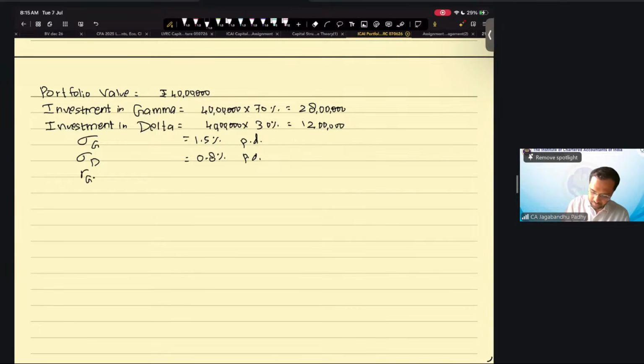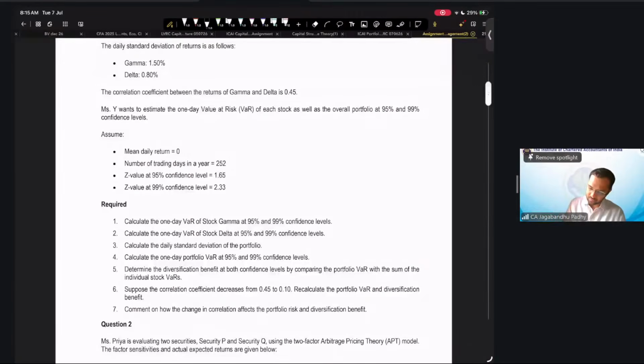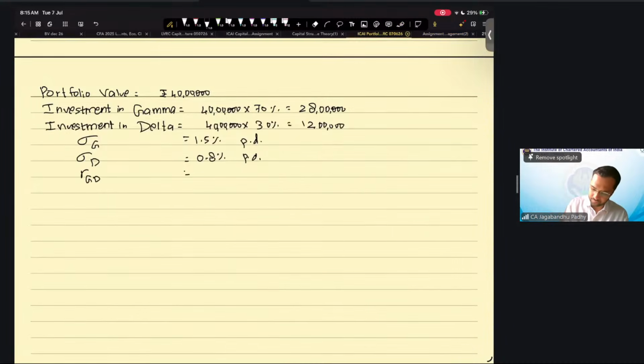Then we have correlation between Gamma and Delta as 0.45. Mean return is anyways given to us to be 0, and Z values are also given to us.